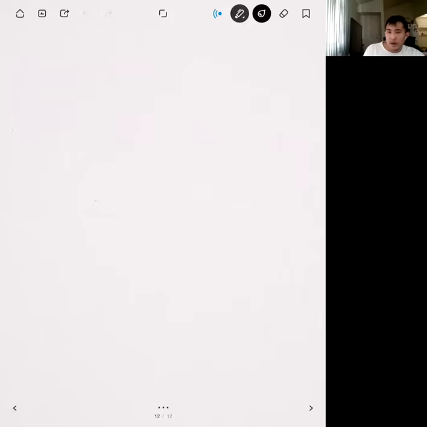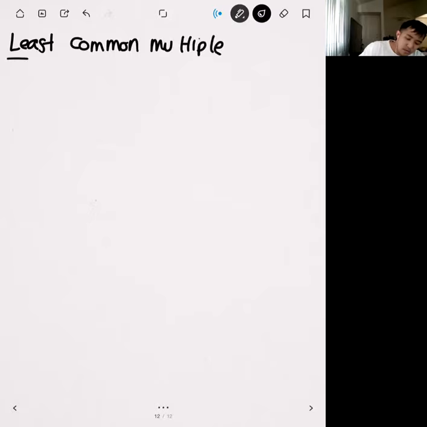The first way is the least common multiple approach. With the least common multiple approach, you take all the project lives that you have for everything in your problem, and then find the least common multiple among the project lives for all the different options.